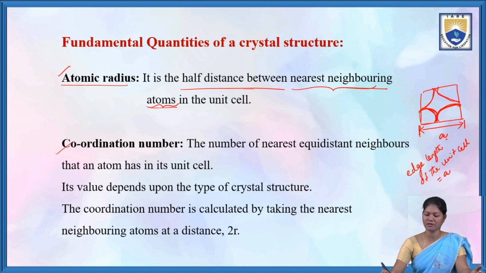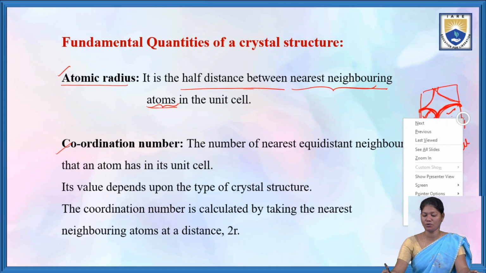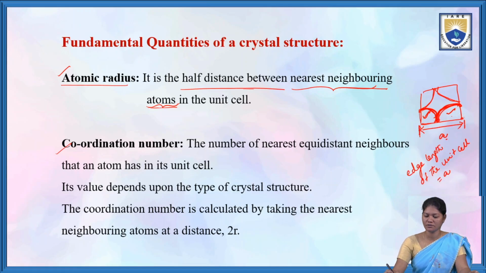When taking atomic radius, it is half the distance between neighboring atoms. If I take this atom, the nearest neighboring atom to this atom is this one. So from here to here is r.